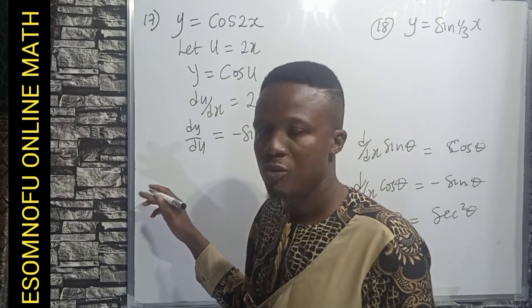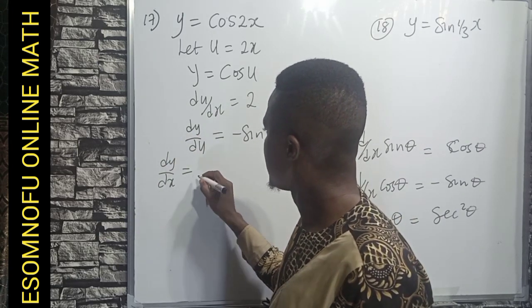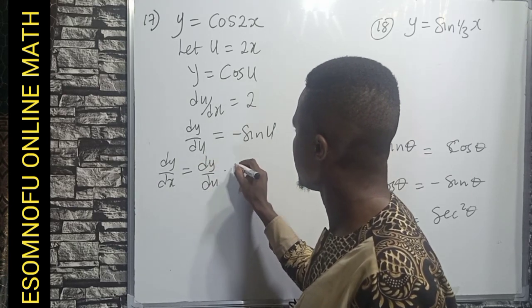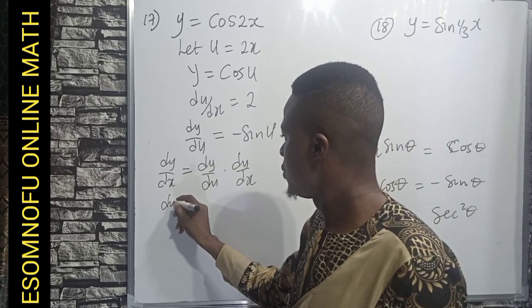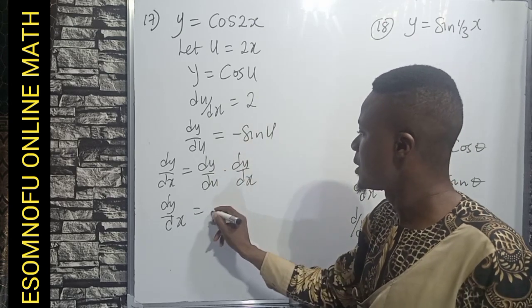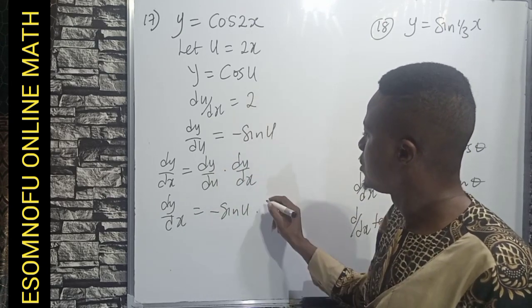But this is a chain rule, and chain rule tells us that dy over dx is equal to dy over du multiplied by du over dx. Therefore, dy over dx will now be dy du, which is negative sine u, multiplying du dx, which is 2.